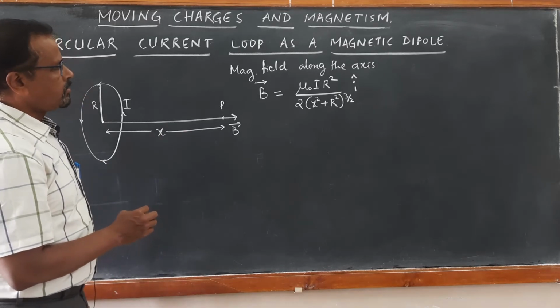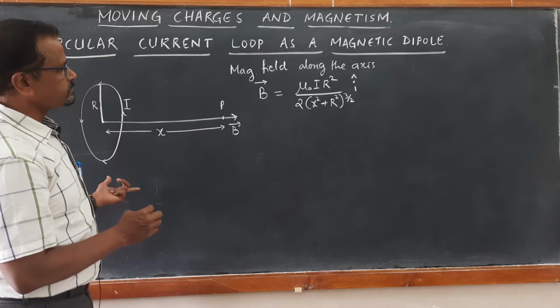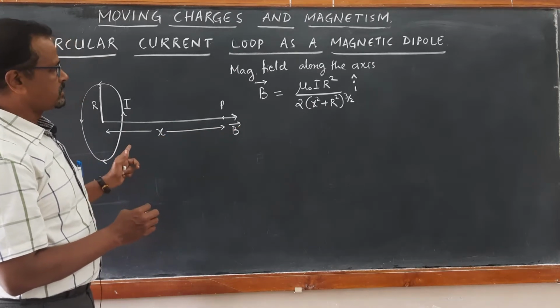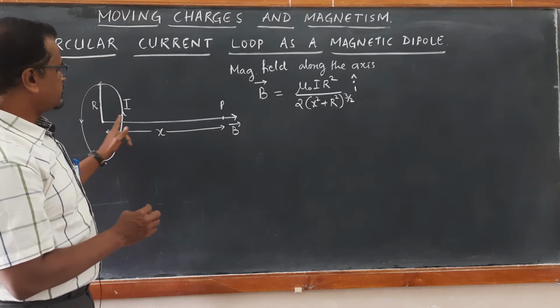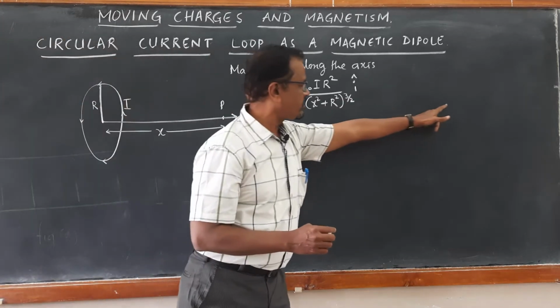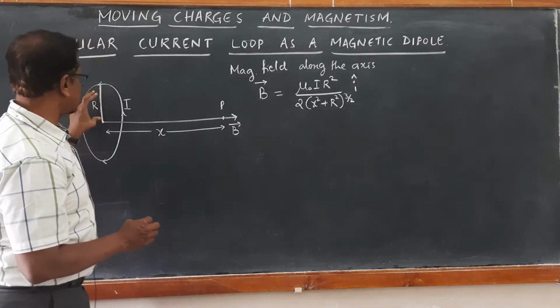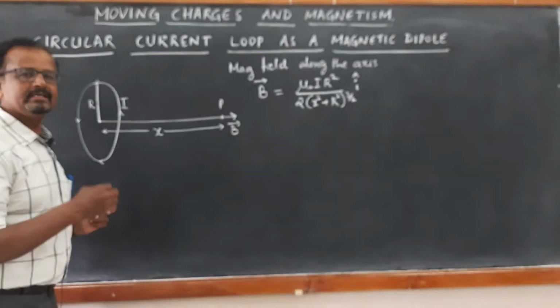Now, what is the magnetic field at a long distance? Suppose we consider the point P somewhere far away. At that moment, the radius of this circular loop is neglected.